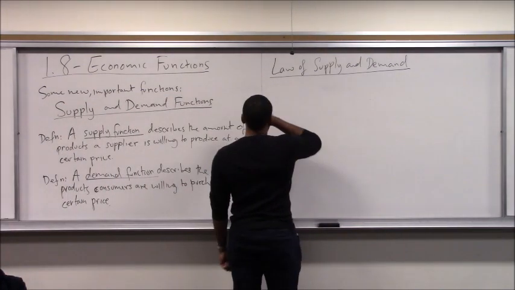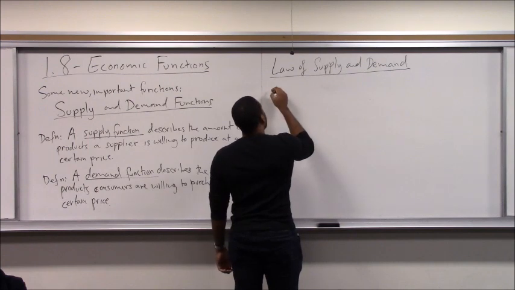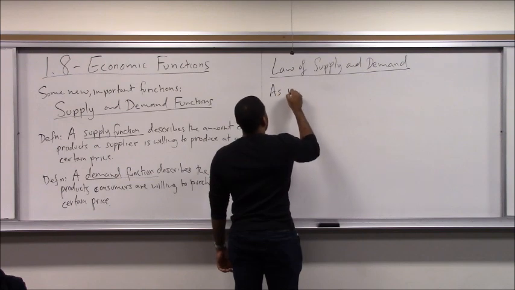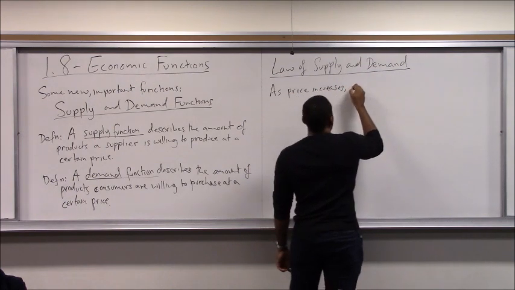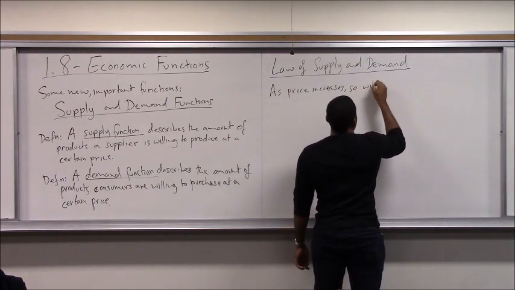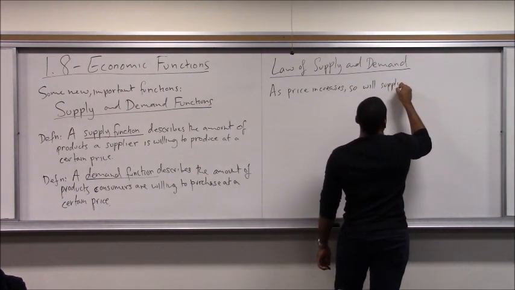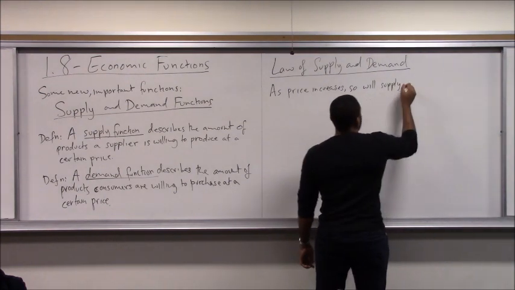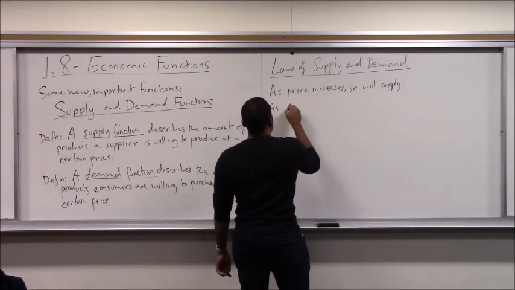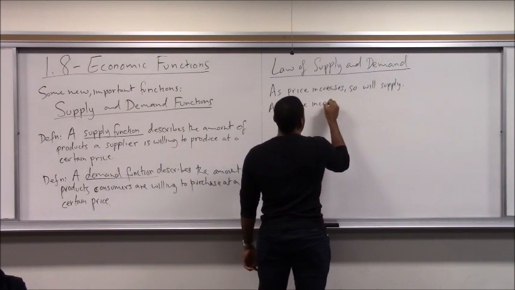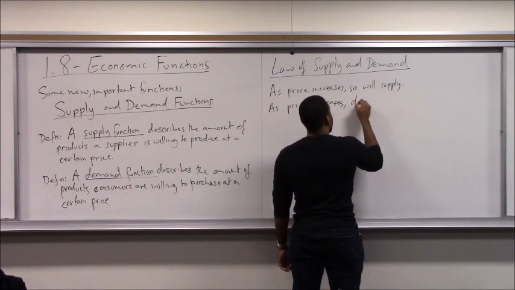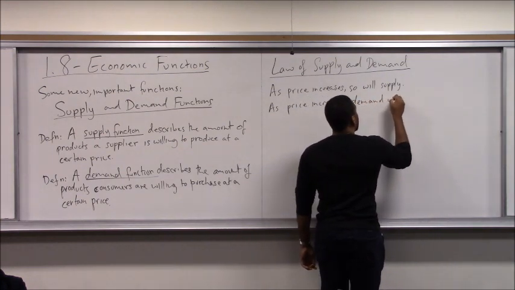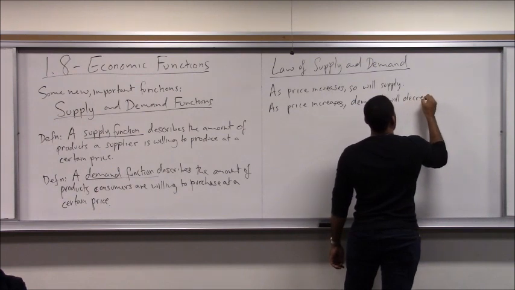It basically says, as price increases, so will supply. And as price increases, it's not exactly stated like this, there are multiple ways you could say it, demand will decrease.